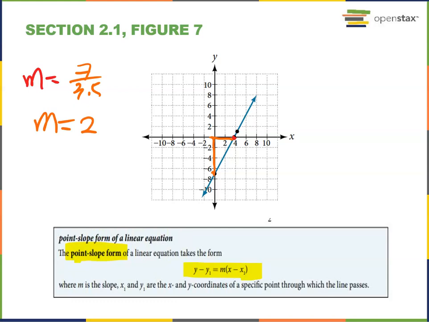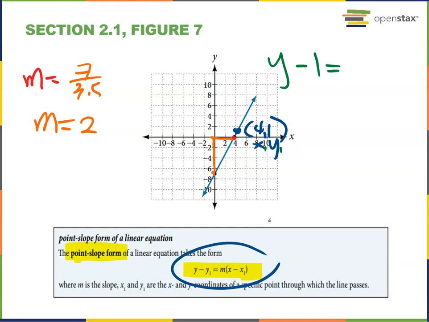And what you do next is, let's get this point here, which is (4, 1), which is your x, y. So we plug that into our point slope form using this and the slope. So let's do that. y minus, so this is your x1, y1. y minus y1, which is 1, is equal to the slope 2 times x minus x1, 4.